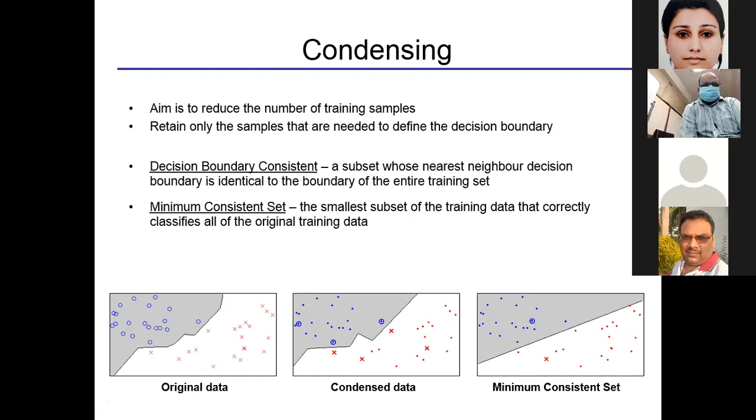What is the other method? The condensing is the other method. We have the condensed nearest neighbors also. Condensing is the process which aims to reduce the number of training samples, because if you have lots of training samples, your representation space has that many dimensions. Why are we reducing it?